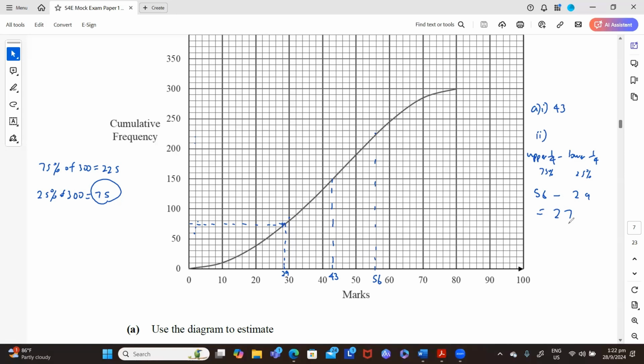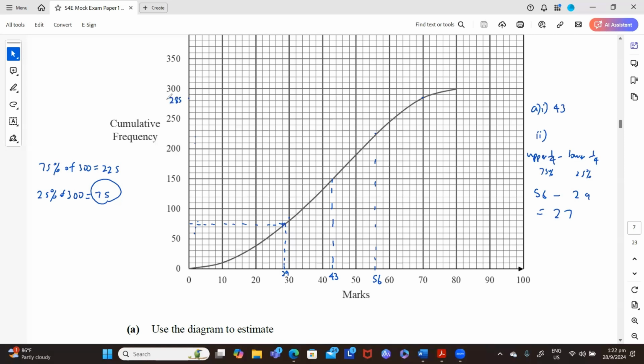Then for part B, the top P% of the cohort will receive a distinction in the examination. If the minimum mark they must obtain to receive a distinction is 70 marks, find the value of P. At 70 marks over here, trace. You realize it's in the middle of a square. Trace it down here. This is 300, 290, this is 285.